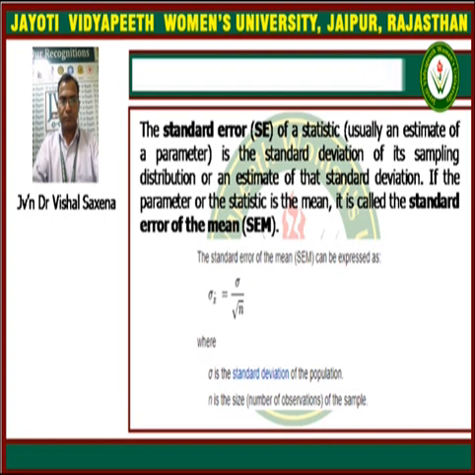If the statistic is the mean, it is called the standard error of the mean. The standard error of the mean is defined as sigma x equal to sigma upon root n, where sigma is the standard deviation of the population and n is the number of observations in the sample.